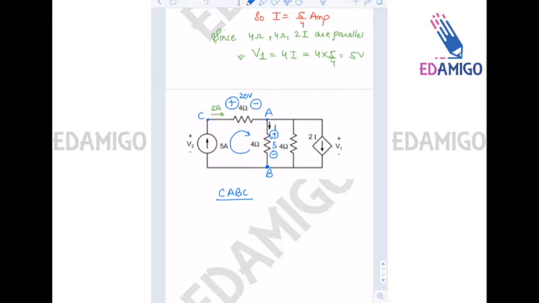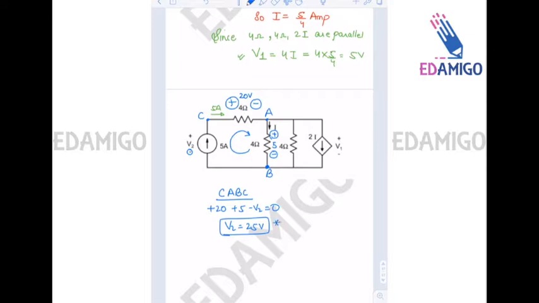Okay, and from B to C, we will enter the V2 voltage at the minus terminal, so it will be negative while writing the loop equation or the KVL equation. So from C to A it is plus 20, from A to B it is plus 5, from B to C it is minus V2 equal to 0. So V2 is equal to 25 volts.